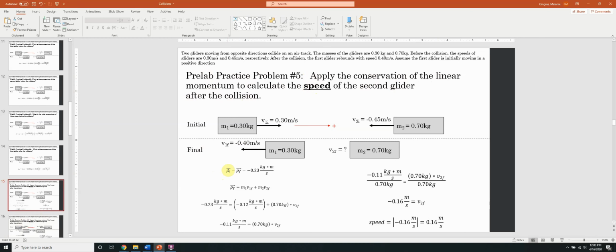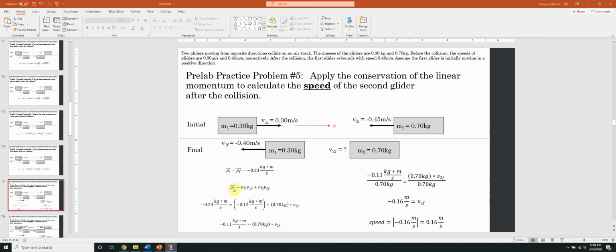So first of all, we know that the momentum before is equal to the momentum after, right? That's applying the conservation of linear momentum. So that means both of these, momentum before and momentum after, are equal to negative 0.23 kilogram meters per second. All right, so that's a thing that we know.